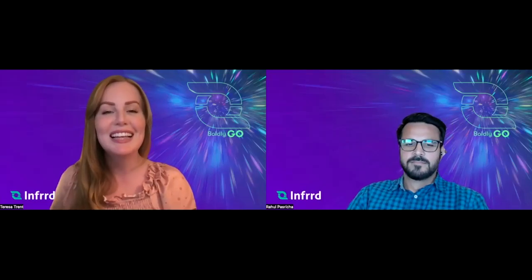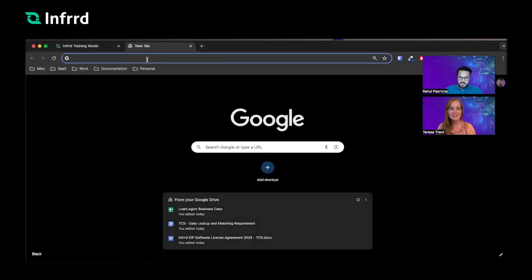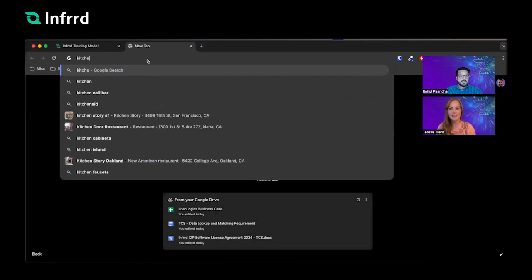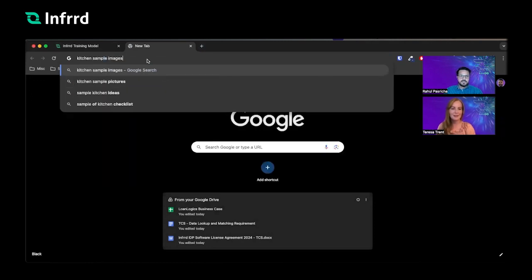Okay, Rahul, how about we search Google to see if we can find some property images? What do you think? Sure, let's do it. Go on Google. So you want to start with kitchens? Yeah, that'd be a good place to look. Kitchen sample images.